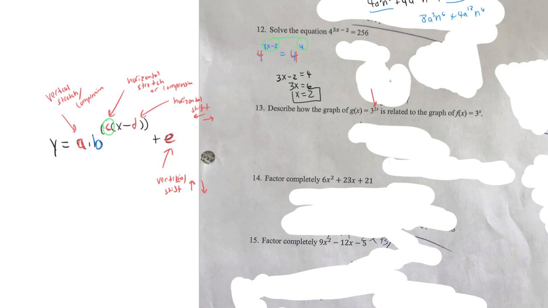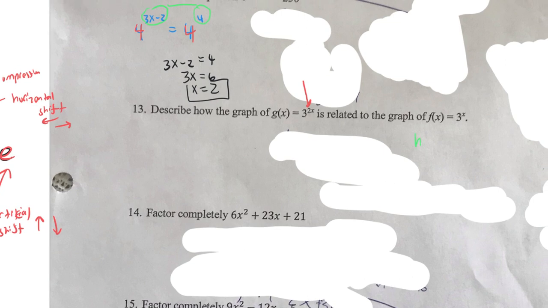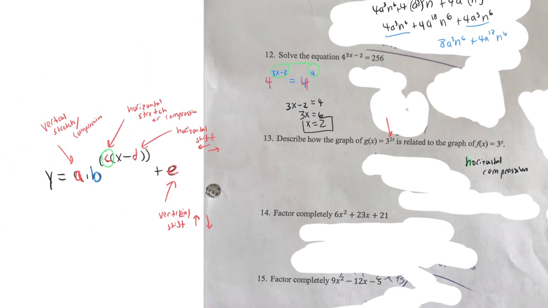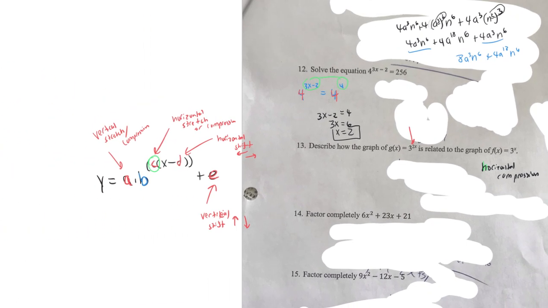So this is a horizontal compression. It's always going to be a compression by a factor of 1 over c, so it's a horizontal compression by a factor of 1/2.